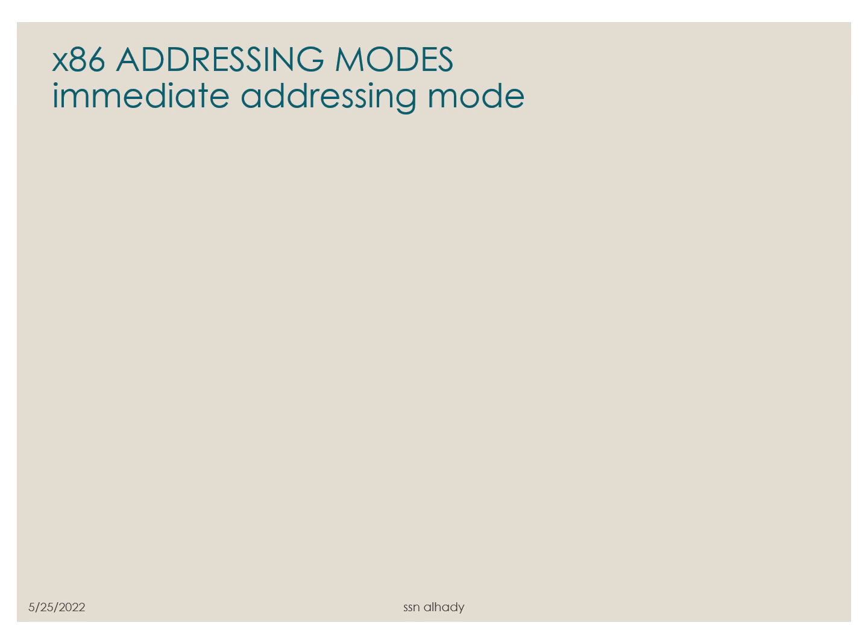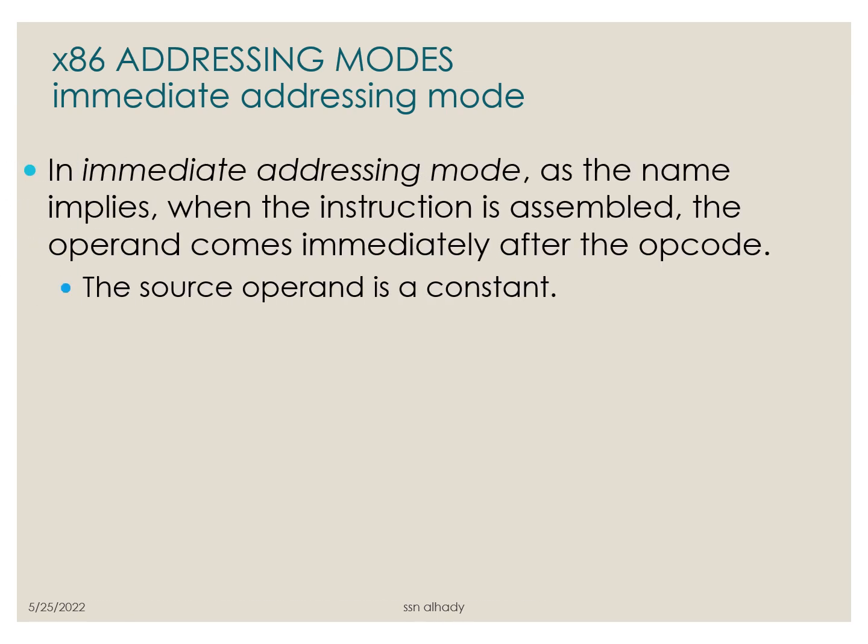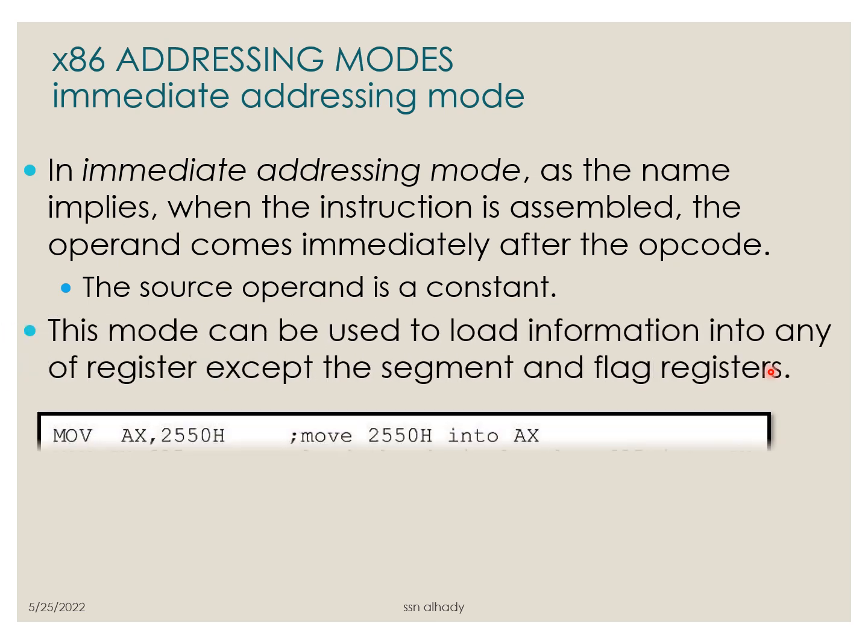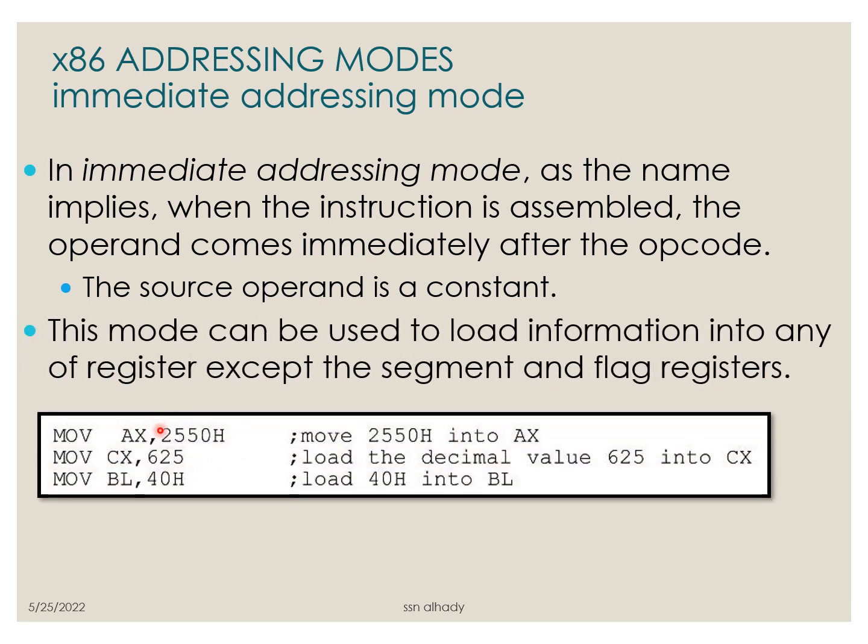Then we look at immediate addressing mode. As the name implies, when the instruction is assembled, the operand comes immediately after the opcode. The source operand is a constant value itself. It is what we mean by immediate addressing mode.